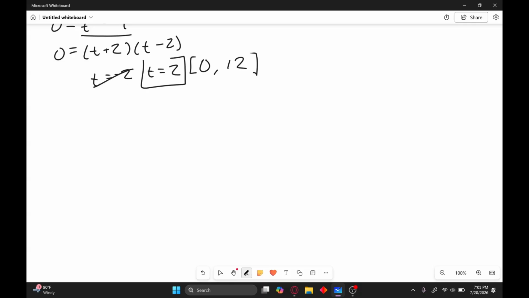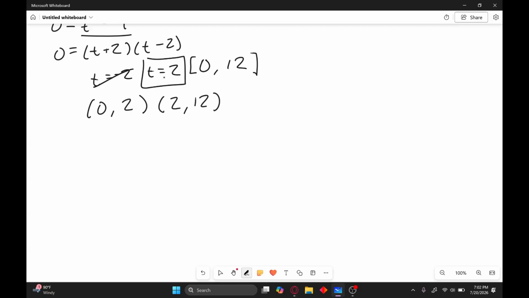So we must focus on just this critical point, t equals 2. Now, we don't know exactly if this is our maximum just yet. The way we check this is by splitting up this interval from 0 to 2 and 2 to 12.